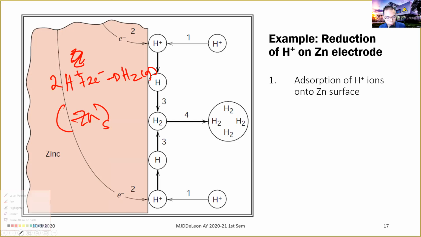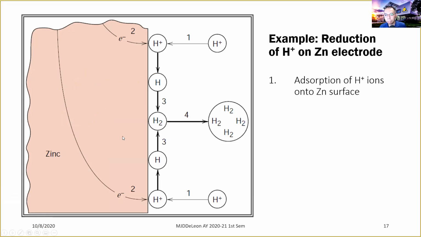So yung first step natin, it's this one: adsorption of hydrogen ions onto the zinc surface. Second is yung pag-capture ni hydrogen ion ng isang electron from the zinc to form a hydrogen atom.